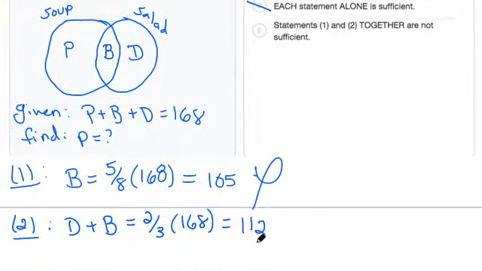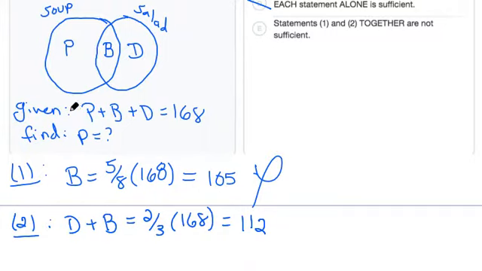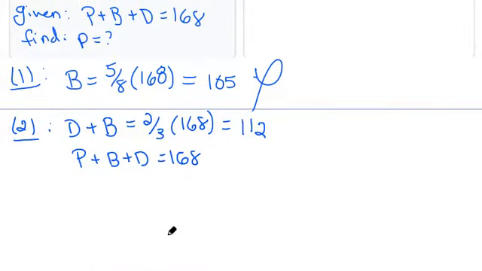And so if we consider the given equation, we have P plus B plus D is equal to 168. Now we know what D plus B is, which is the same as B plus D, so we can replace this with 112, and that equals 168.